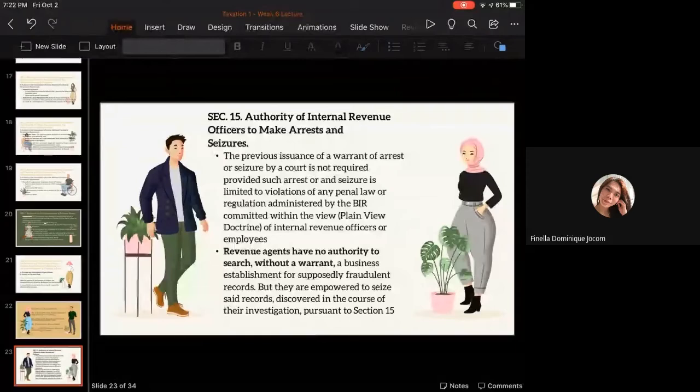However, revenue agents have no authority to search without a warrant any business establishment for supposedly fraudulent records. Okay, so if they think that the business has fraudulent records, then they must undergo the process as provided by law as to the assessment.